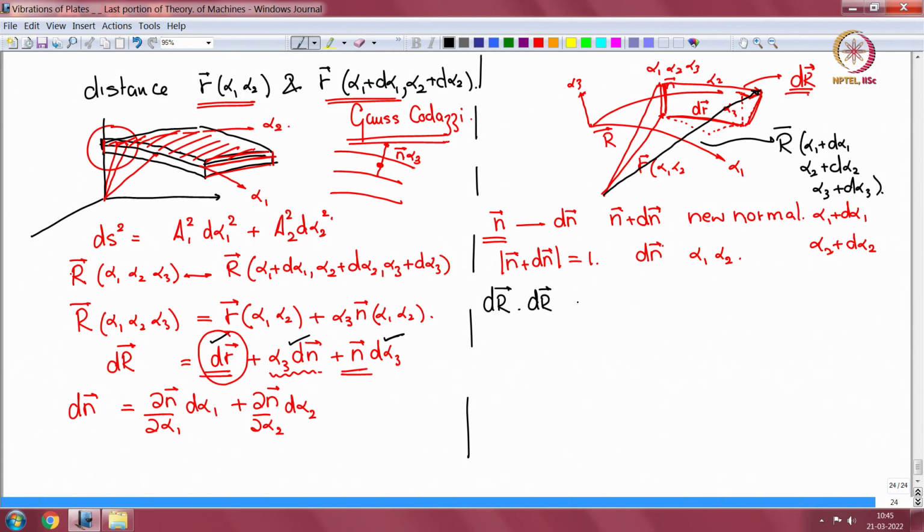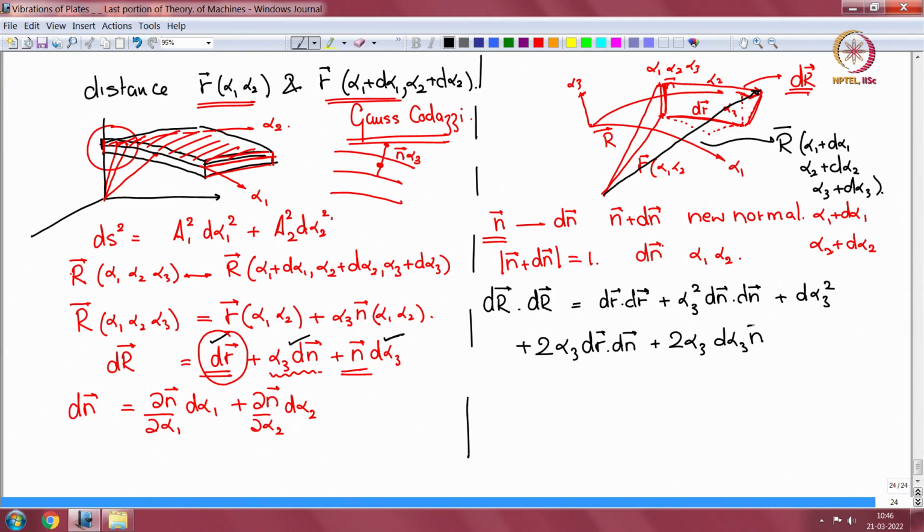So, first we will get small dr dotted with small dr plus alpha 3 square dn dotted with dn plus d alpha 3 squared plus twice alpha 3 dr dotted with dn plus twice alpha 3 d alpha 3 n dotted with dn plus twice dr dotted with n d alpha 3.